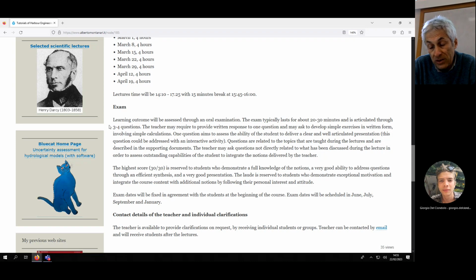I'm not entering into the details because in the first lecture I will focus on these skills, because I really want to emphasize and make the students aware that when building your education, of course, you have to pass exams. So you have to study also for passing the exam. But what I really want to convince a student to do is to make an effort also to study for building your CV, building your education.